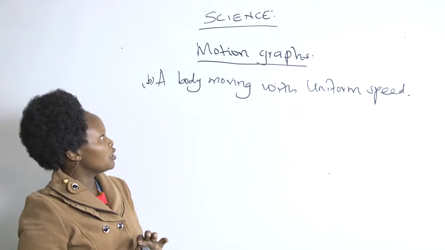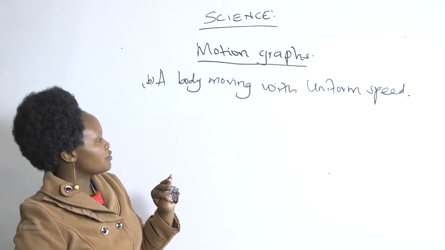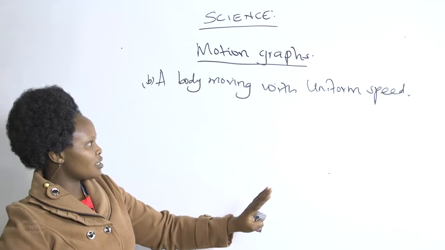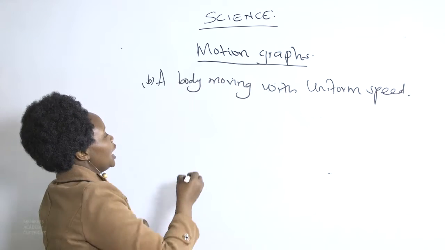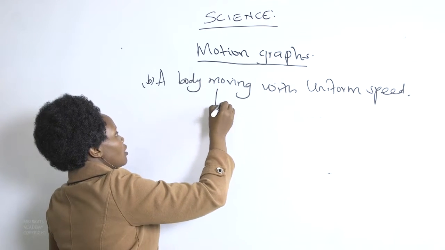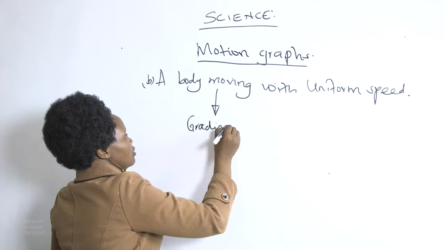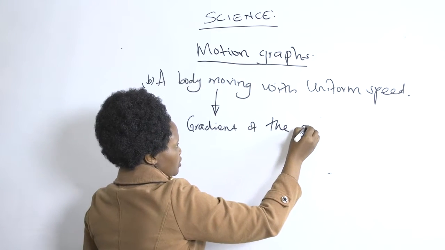If a body is moving with uniform speed, we have seen that the gradient of these graphs gives us the speed or the velocity. Therefore, the gradient of the graph should be constant.